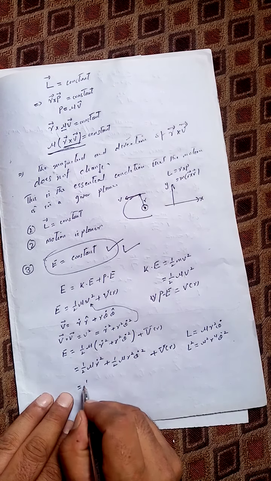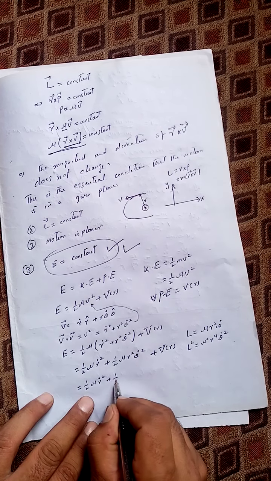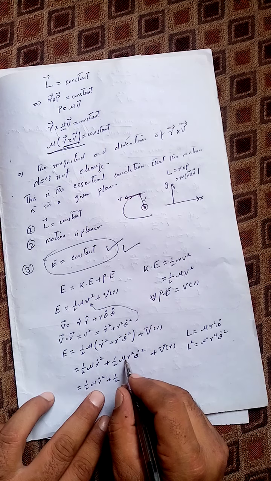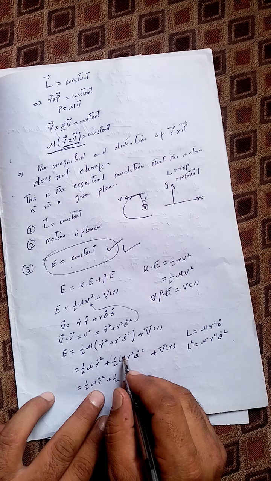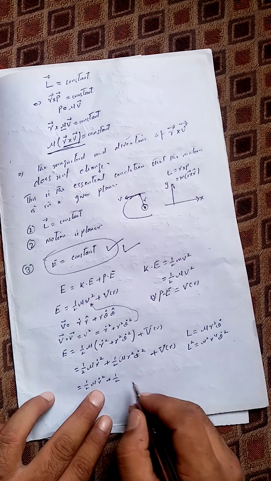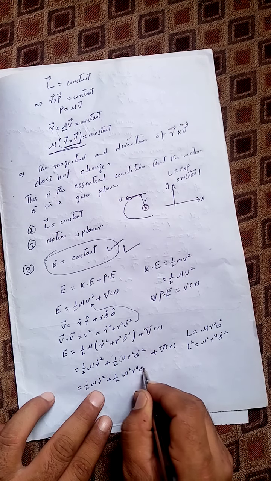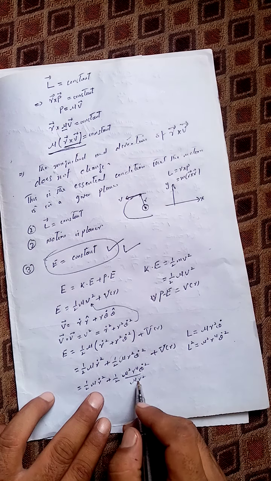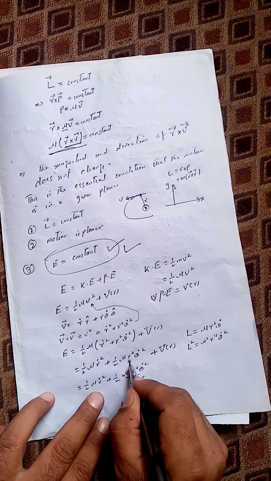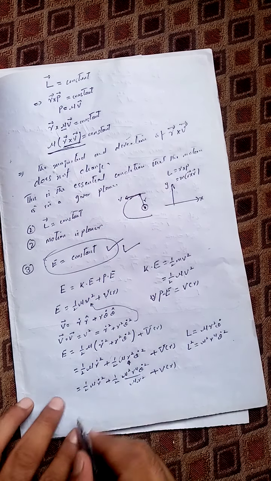So 1 over 2 mu r dot square plus 1 over 2, I will multiply and divide this part by mu r square. So here we have mu square r to the fourth theta dot square over mu r square. If I simplify, I will get this relation back plus V of r.